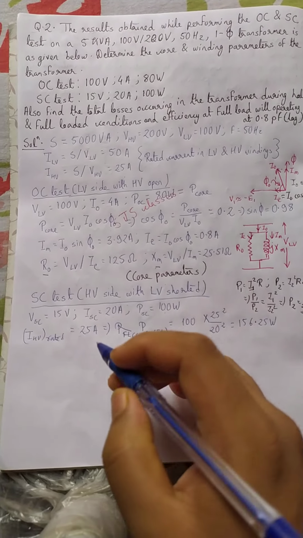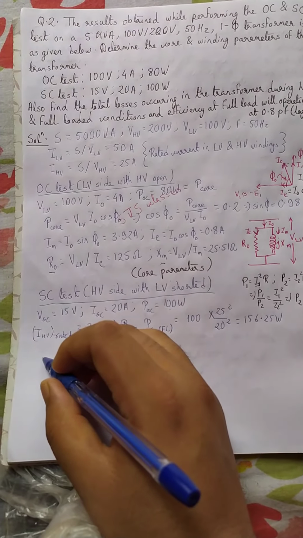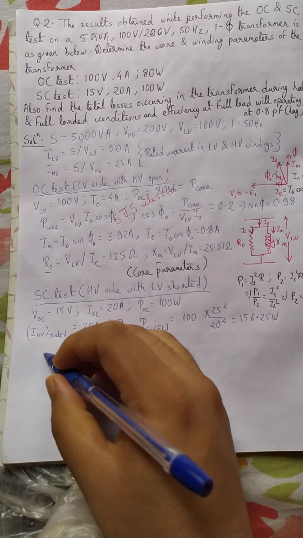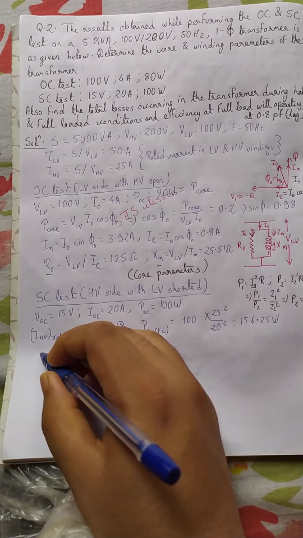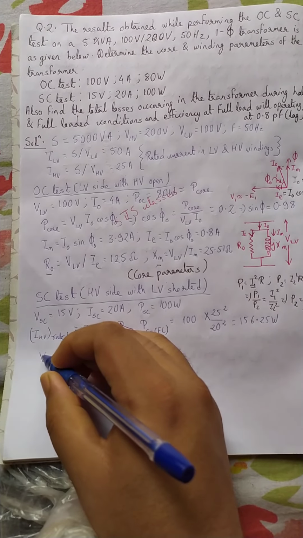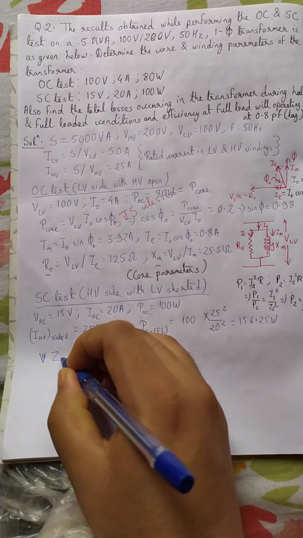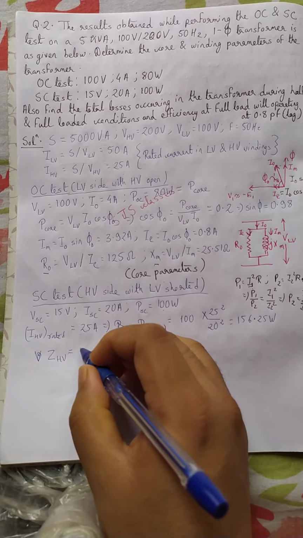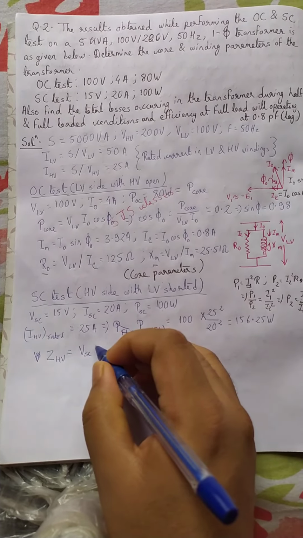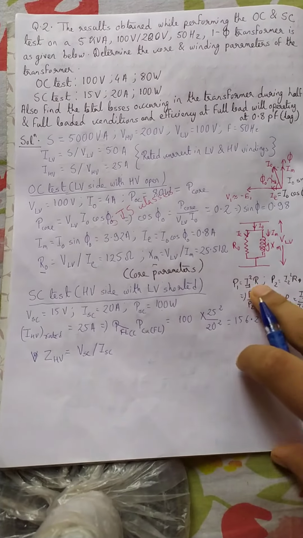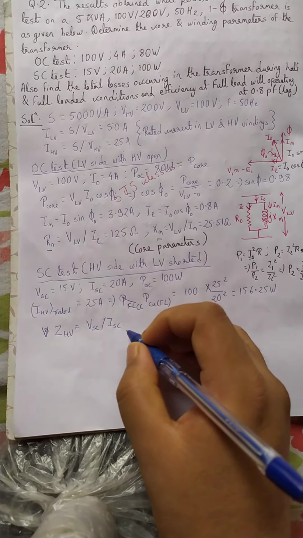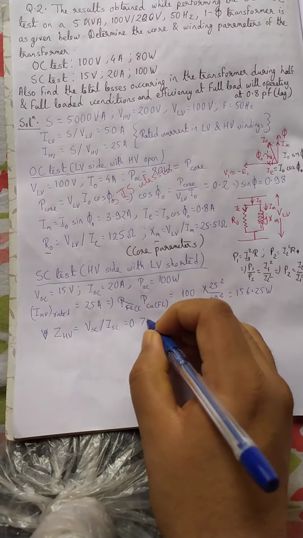Now we will be finding out the winding parameters. For that purpose, this reading is okay, we can take that. Now what about the impedance? ZHV, impedance referred to high voltage side, would be nothing but VSC by ISC. Putting in the values, this comes to 0.75.